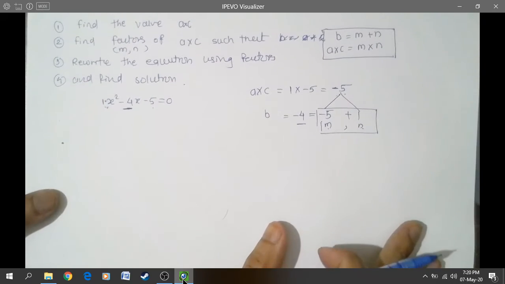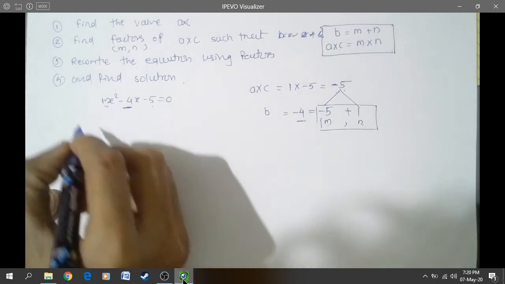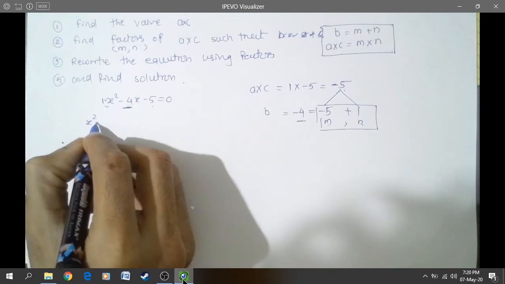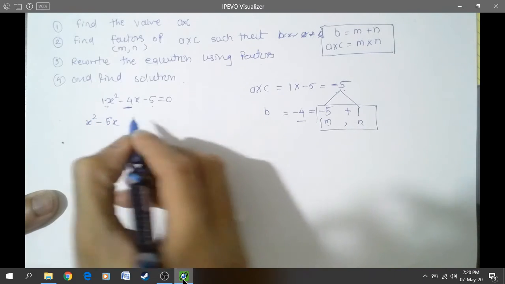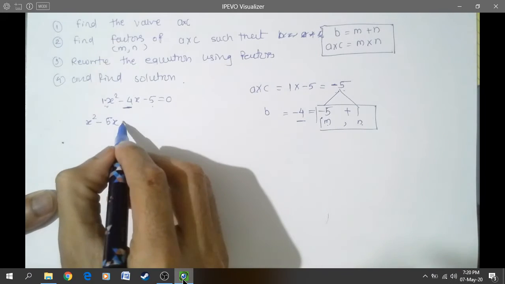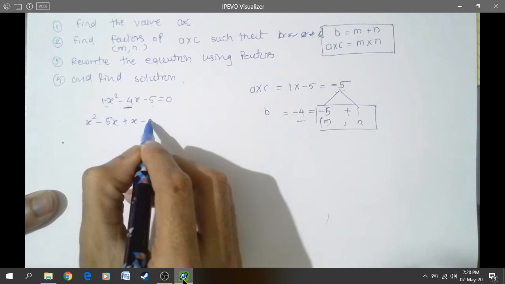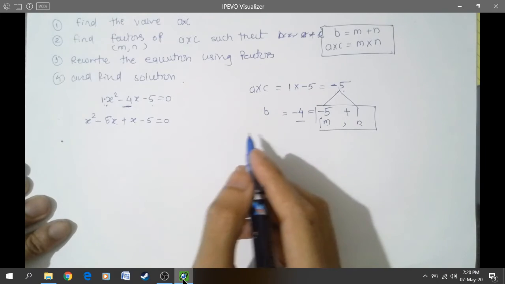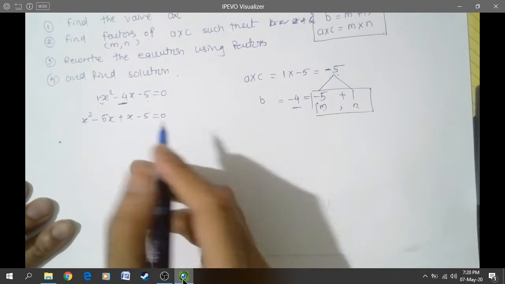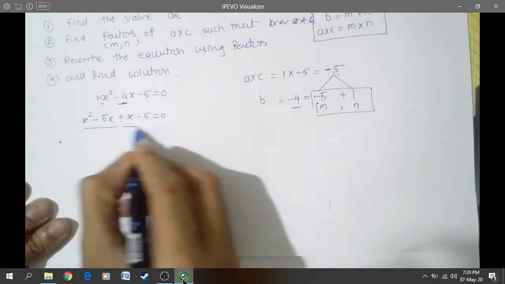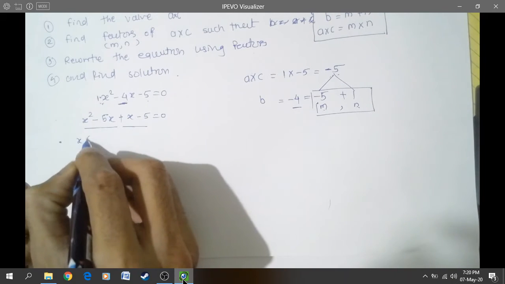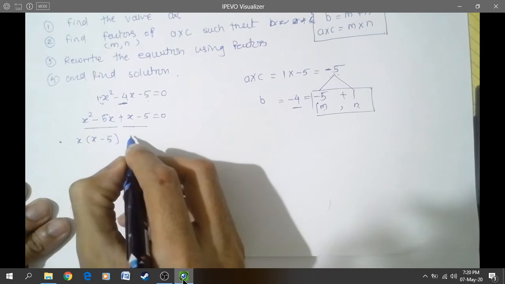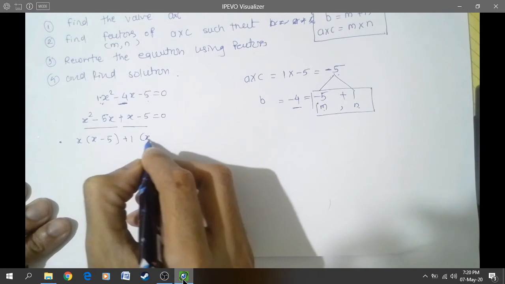Okay, so now we can rewrite the equation: x square minus 5x plus x minus 5 is equal to 0. Now we can solve this equation by taking common factors.